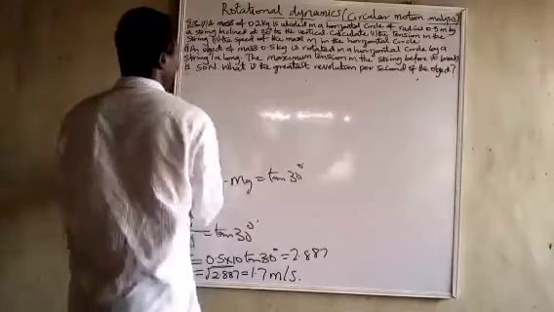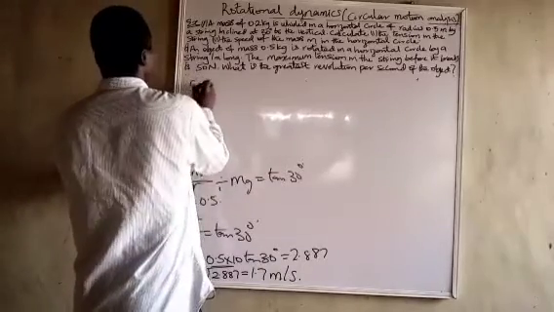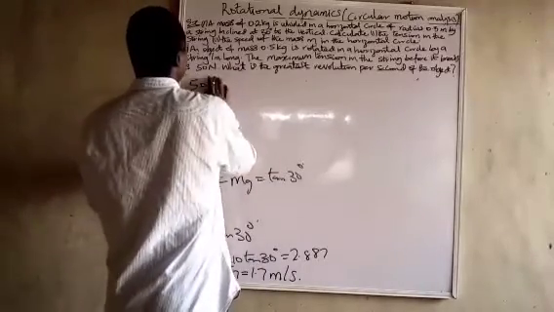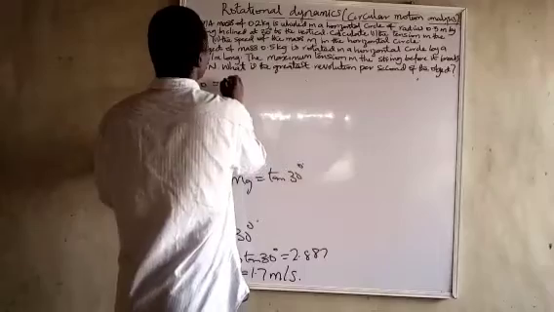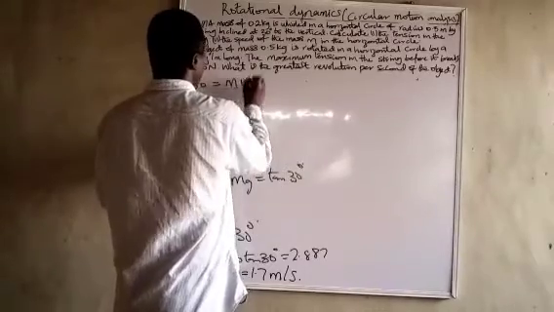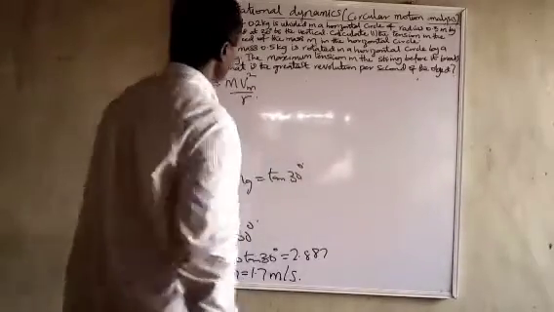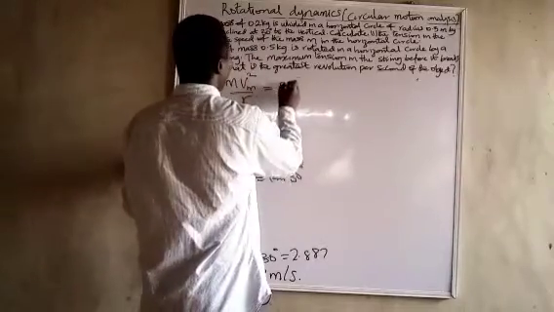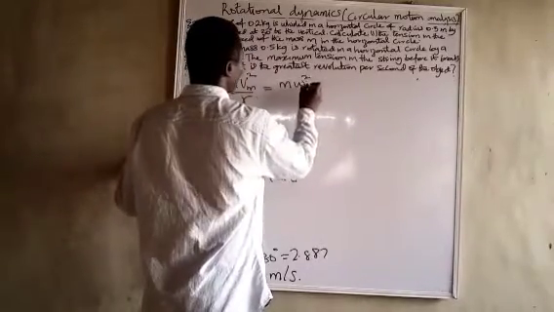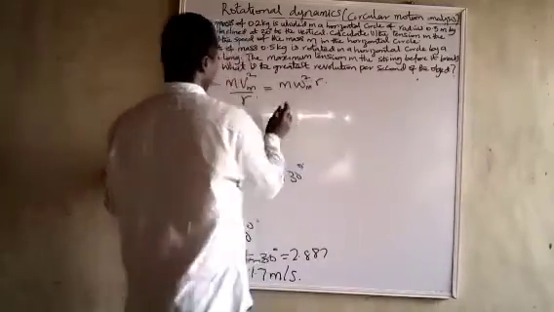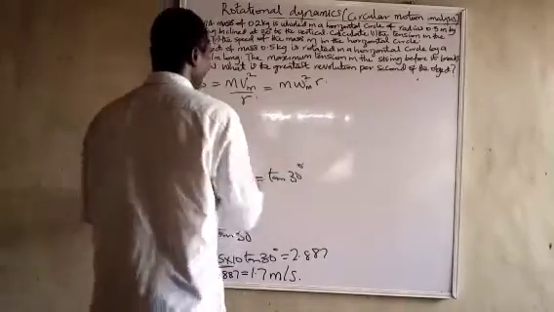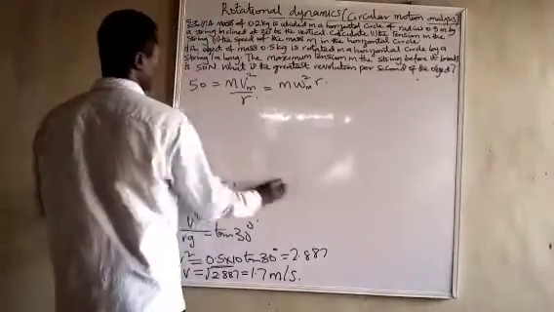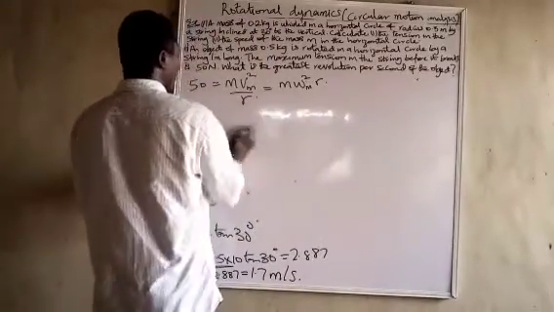So 50 Newton will be equal to m w squared maximum times r, because with this I can easily get the number of revolutions per second after getting w.